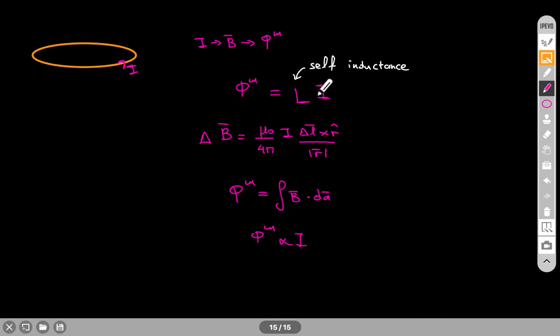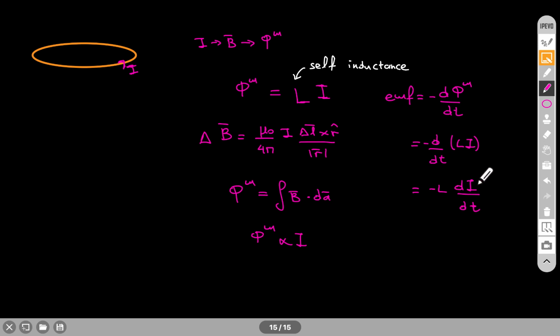Now, because we have this relationship between the flux and the current that flows through the loop, I can use Faraday's law to find the induced EMF, and this will be minus d over dt of L times I, because L is a constant and does not depend on time, minus L dI over dt.